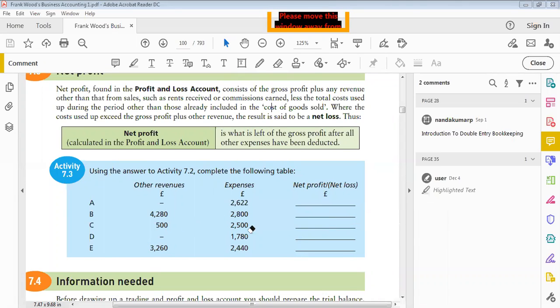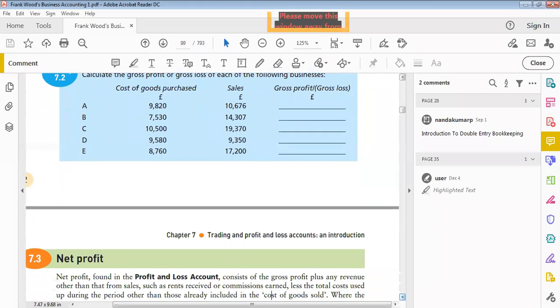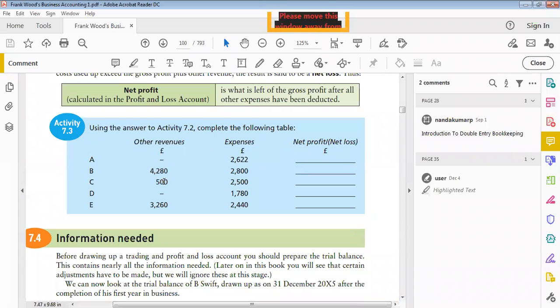All right. Then next one now, which is C. Same procedure. You can look for your gross profit in C, which is 19,370 minus 10,500, which is 8,870. You're going to add that now to your other revenue. Same procedure again.